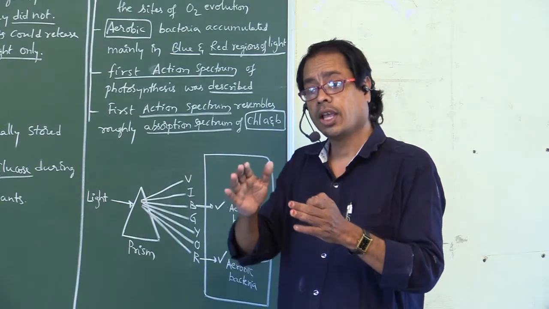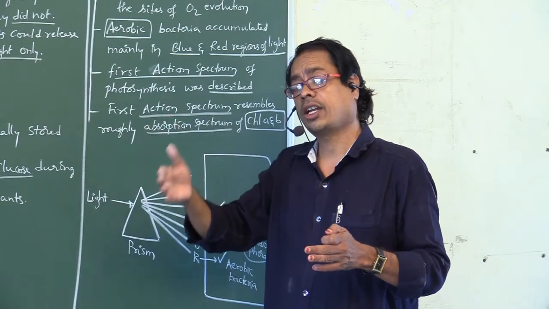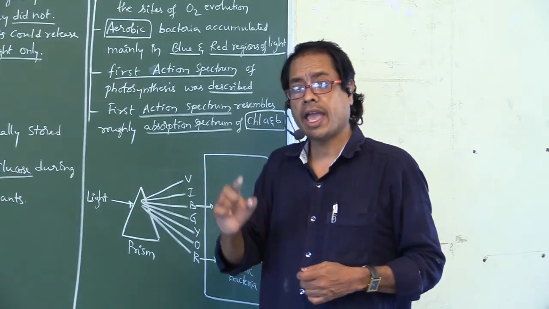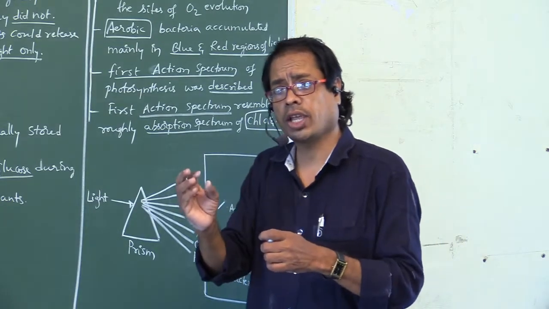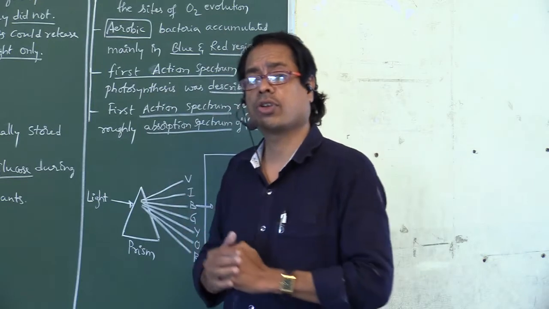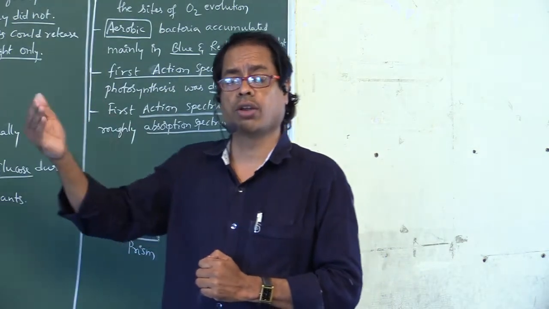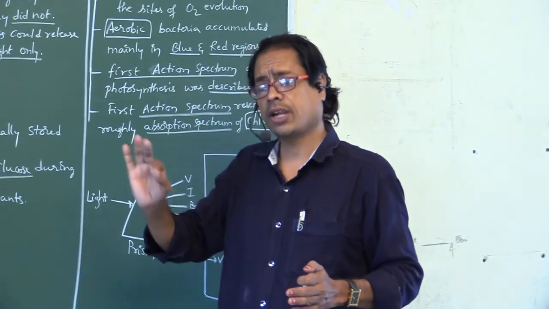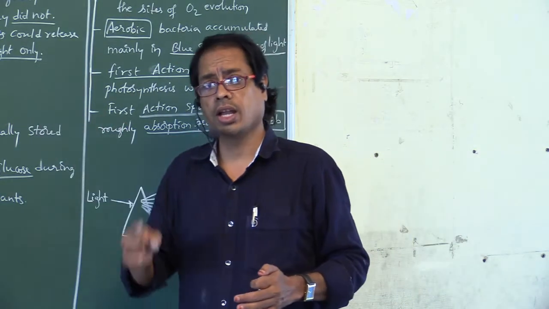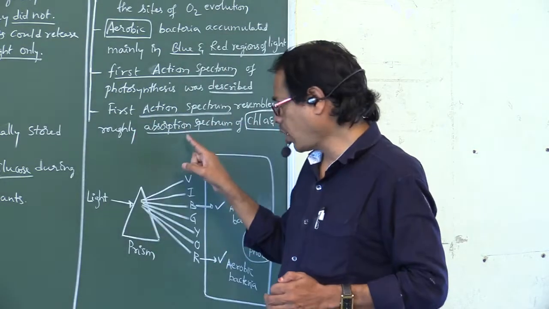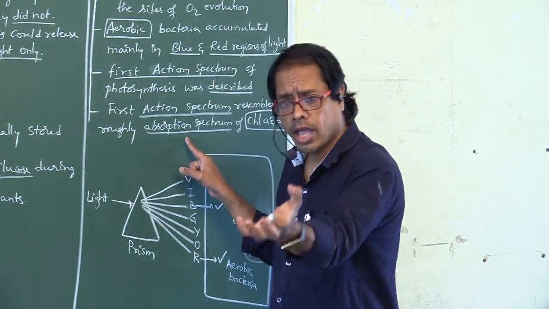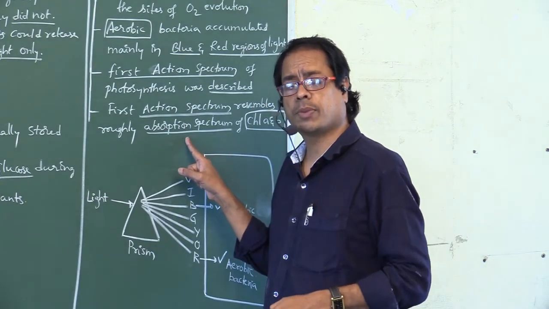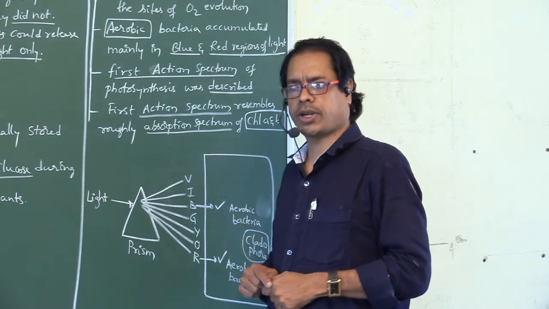The graph showing the rate of photosynthesis at different wavelengths is called the action spectrum. Action spectrum means the graph showing the rate of photosynthesis, how much O2 is evolved. Absorption spectrum means the graph showing absorption of light at different wavelengths by photosynthetic pigments.